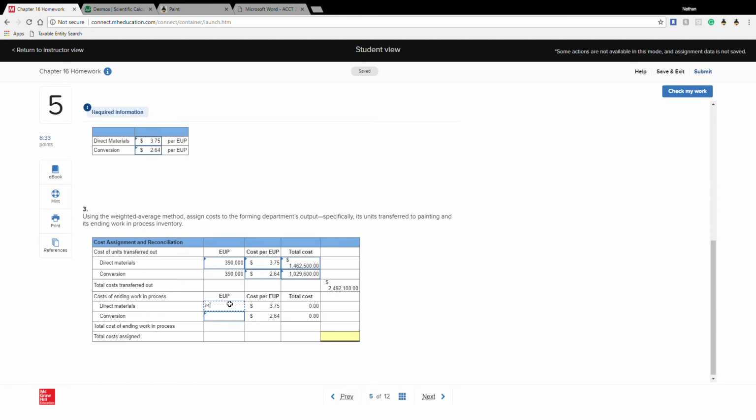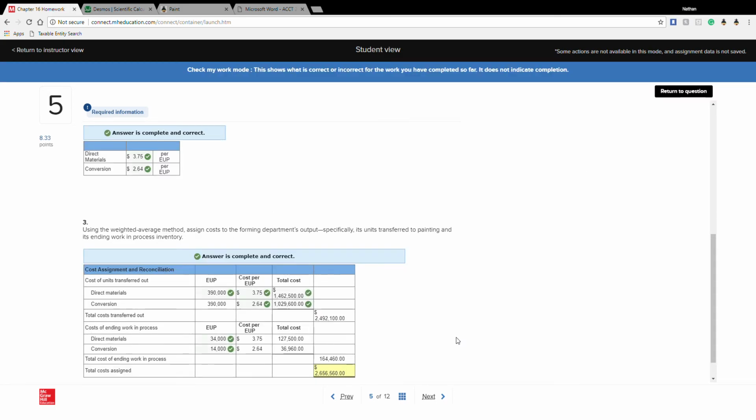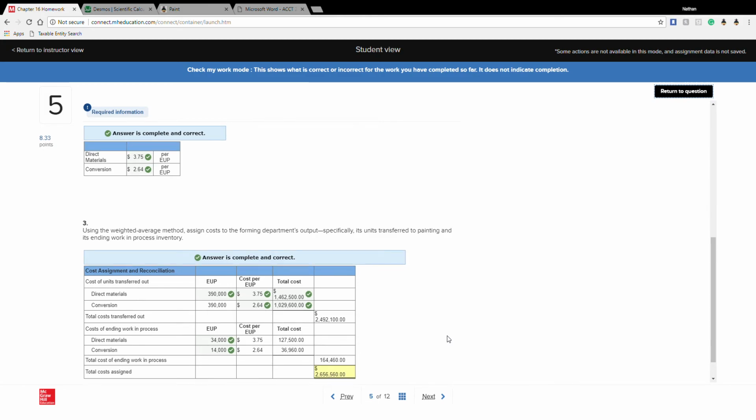So 34, 14, and Connect does everything for us. So we should have had like about 2,656,560. Let's see if I did everything correct. Boom, everything's good. Still can't believe I made that mental mistake right there, but it happens. As long as you can see that, mistakes happen, it works. Okay?